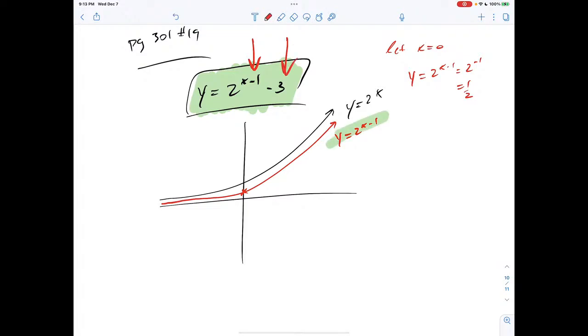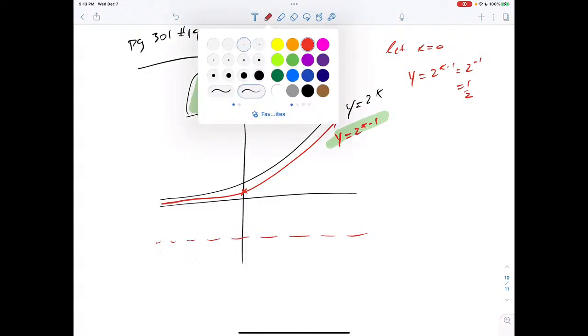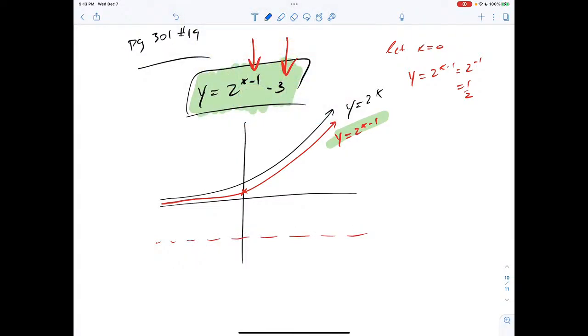Now what we want to do next is shift this down. This is a vertical shift 3 units down. So now you're going to go here. What I have in blue is the graph of y equals 2 to the x minus 1, minus 3. Just to make sure I hit everything at the right spot, if you let x equal 0, y is 2 to the negative 1 minus 3, which is a half minus 3.